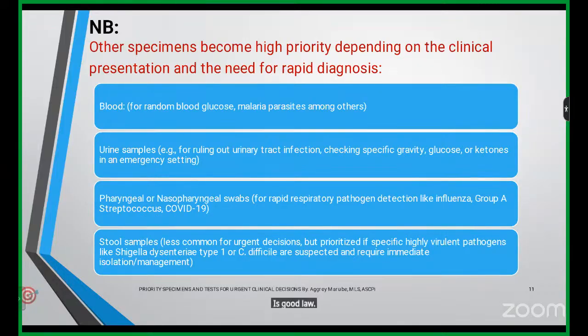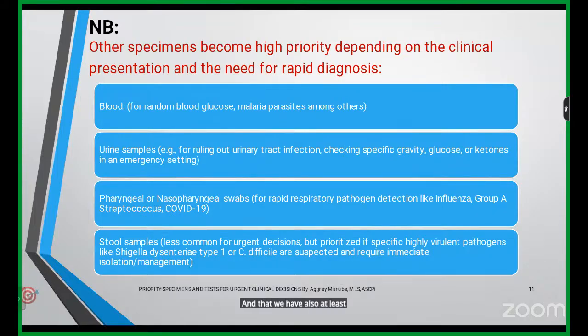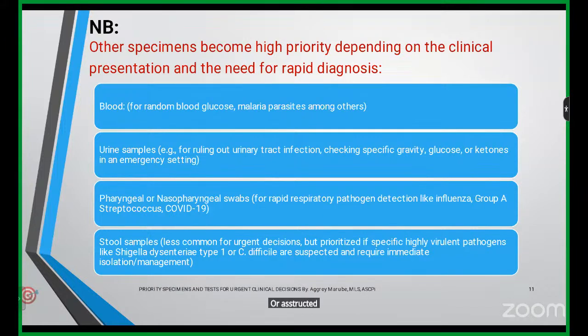It's good to know that other specimens can become high priority depending on the clinical presentation and the need for rapid diagnosis. For instance, we have blood glucose, and we have also a test for malaria parasites. How can a random blood glucose test become an emergency test or a STAT test?